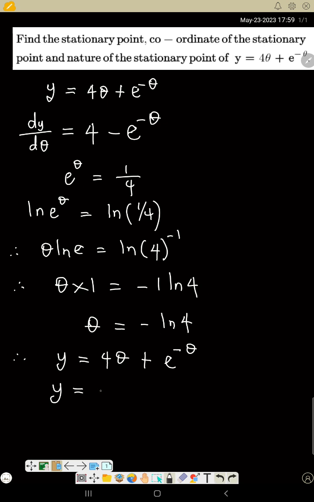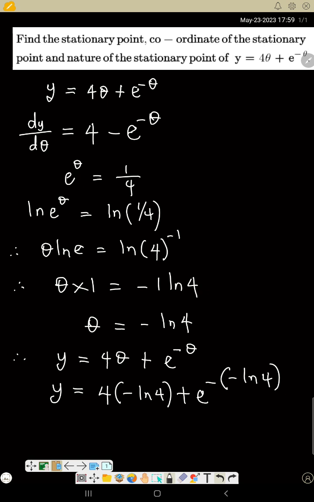So this will be 4 brackets minus ln 4, that is this theta, plus e raised to power minus theta, where theta is minus ln 4.